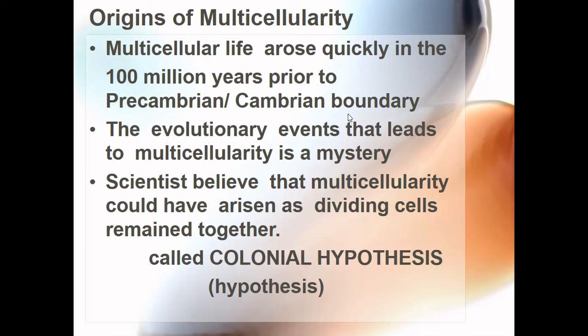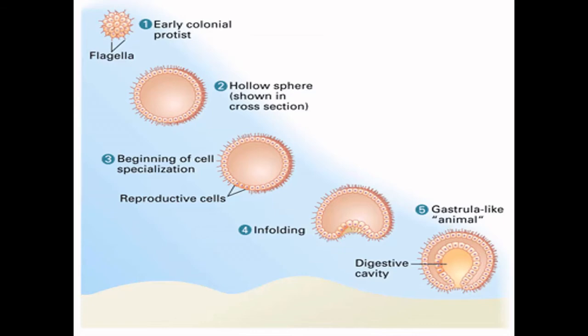So scientists believe that multicellularity could have arisen when dividing cells remain together. So this is the early colonial protists. So nagrupo ang mga colonial flagellated protozoans. Then as they continue developing by cellular development like asexual reproduction, binary fission, they become larger, creating a hollow sphere.